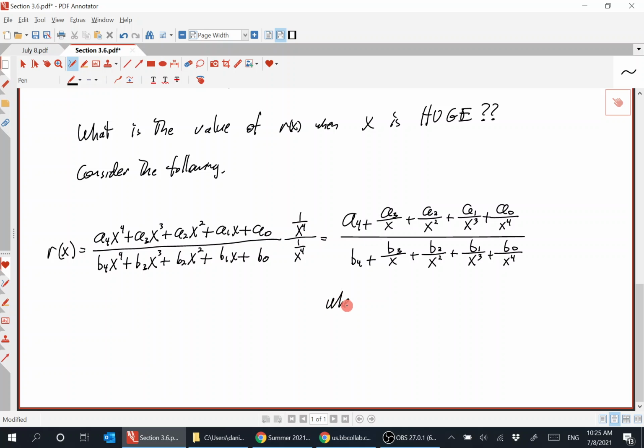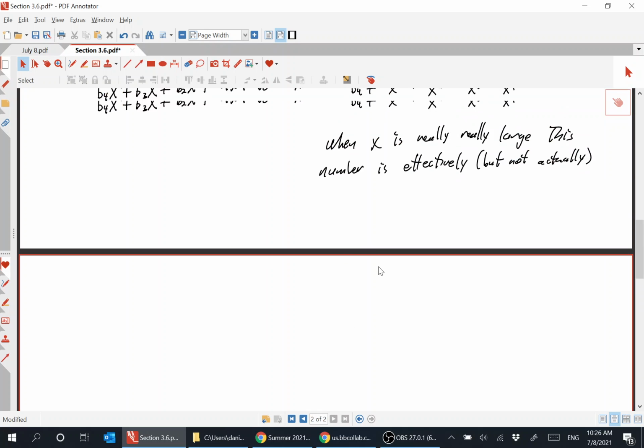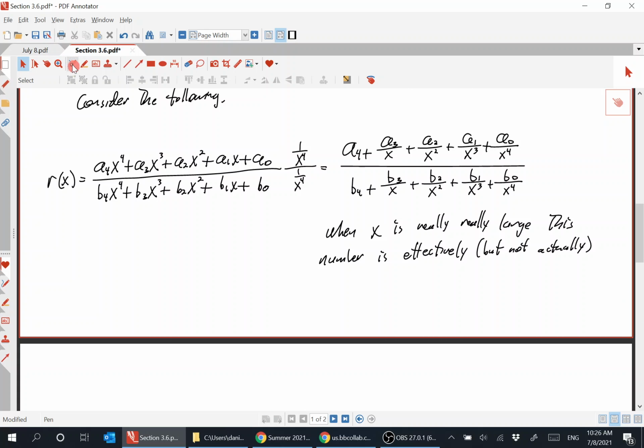So when x is really, really large, this number is effectively, but not actually, the following: equal to a4 plus 0, 0, 0, 0.